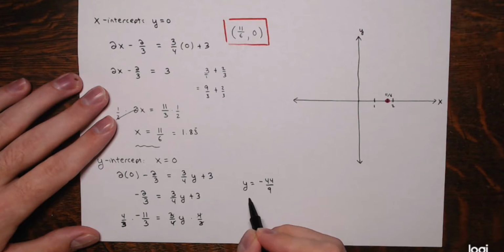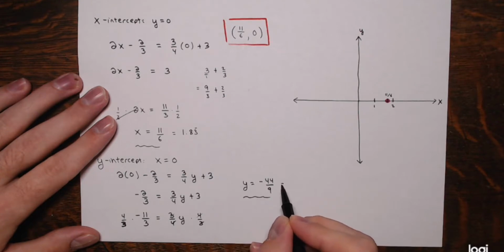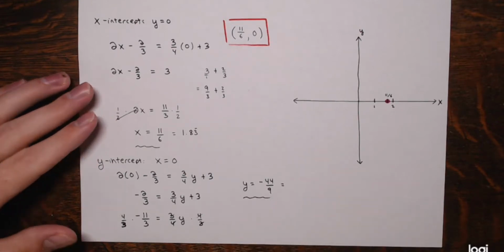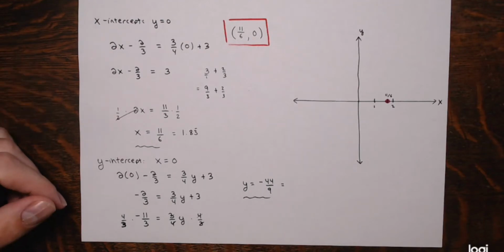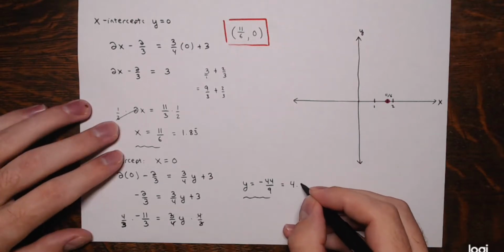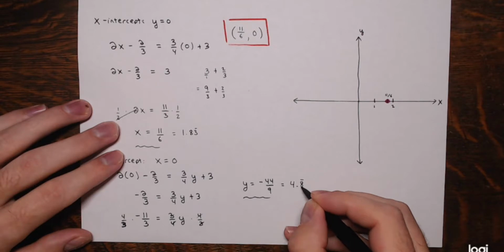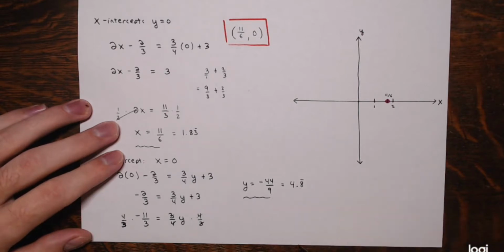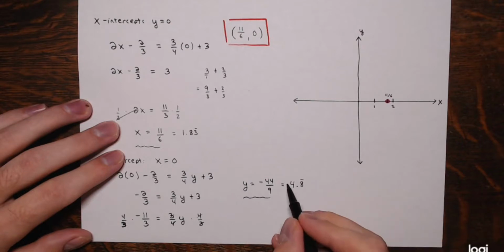Which as a decimal would be negative 4 and 8/9, so negative 4.8 with the 8 repeating. You can use a calculator if you want, but it's negative 4.888888, forever.